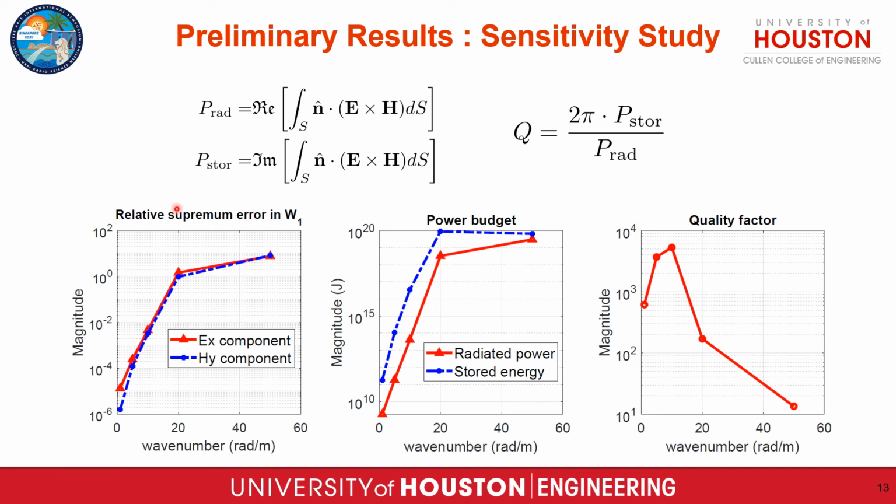First we show the relative error, the second one is the power budget, and the third one is the quality factor. The power budget contains the radiated power and the stored energy. These two powers are calculated using this equation. As long as we get the power, we can calculate the quality factor.